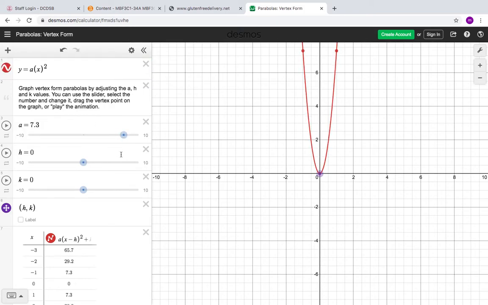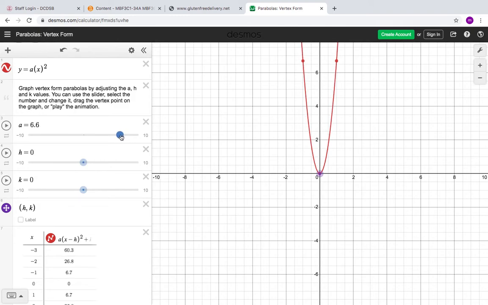The bigger the a value, what do you see? We see that the graph is getting narrower, or skinnier, as a is getting bigger.